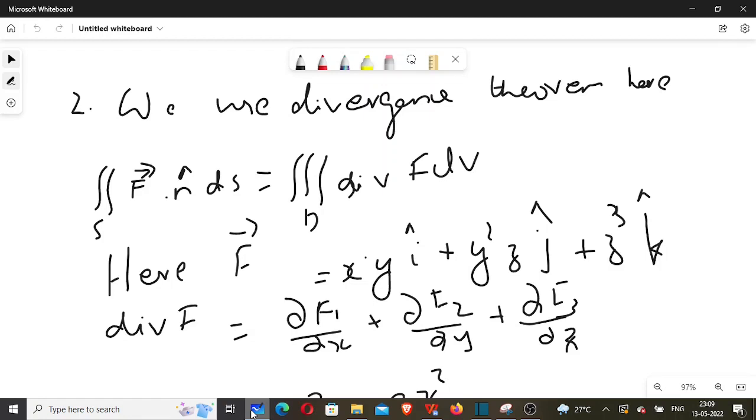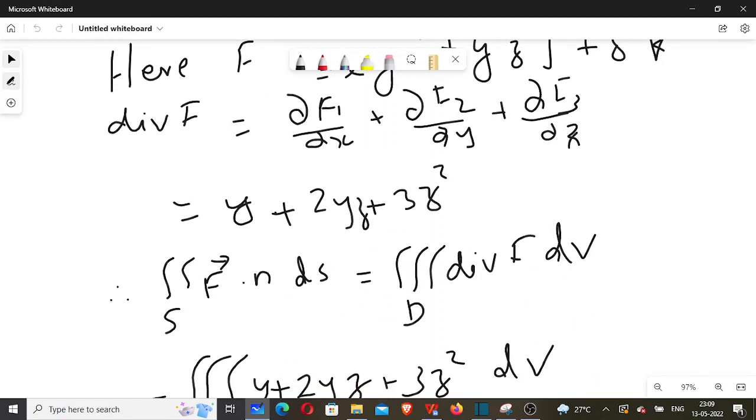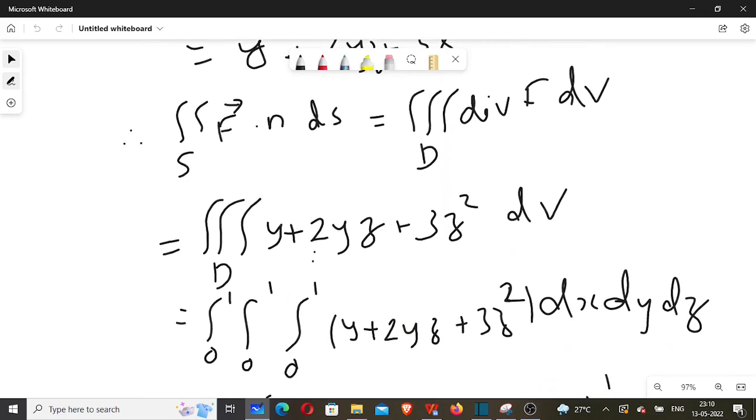So div f equal to dou f1 by dou x plus dou f2 by dou y plus dou f3 by dou z, which is equal to y plus 2yz plus 3z square. Therefore double integral over s f dot n ds is equal to triple integral over d div f dv, which is equal to triple integral over d of y plus 2yz plus 3z square dv.